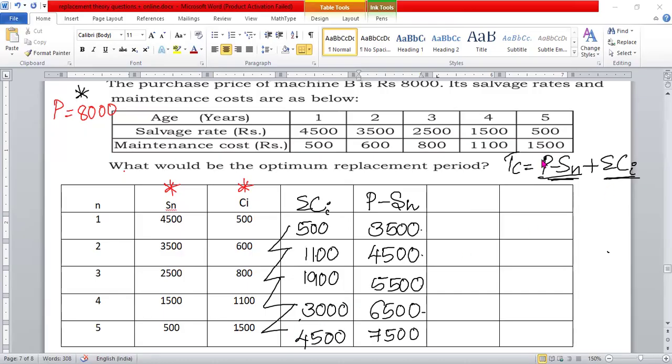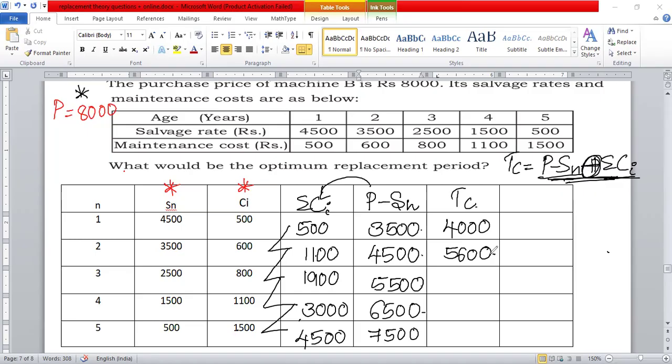Now TC is not completed. P minus S of N and plus is there. So you want to do plus, then only it is completed. So that is TC. I should add these two. First one, 3,500 plus 500 is 4,000. 4,500 plus 1,100, so 5,600.